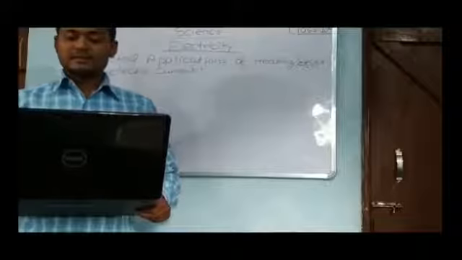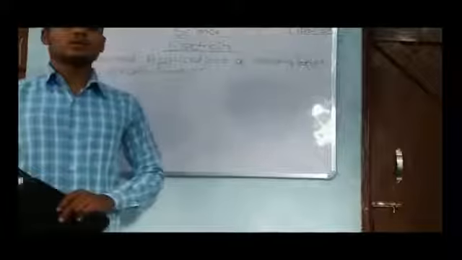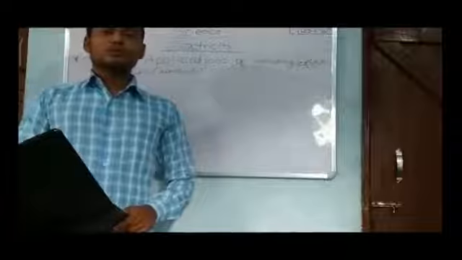The electric laundry iron, electric toaster, electric oven, electric kettle, and electric heater are some of the familiar devices based on Joule's heating. So, what is Joule's heating? We know that the SI unit of heat is the joule. So, it is known as Joule's heating.